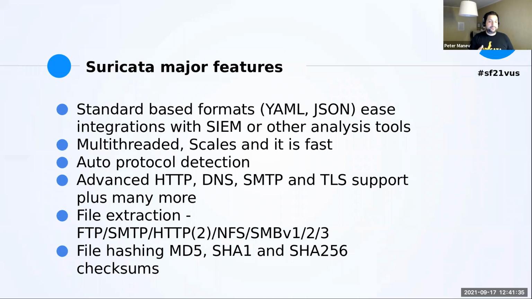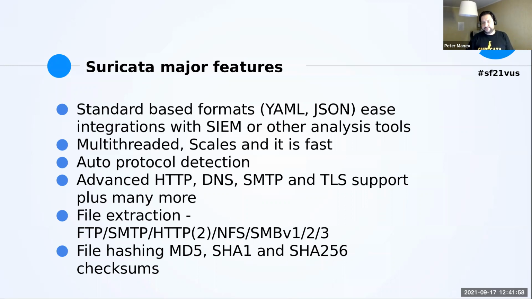Now, major features of Suricata. As I mentioned, we've got standard-based formats, YAML for configuration, JSON for output. Makes it easier to integrate into SIEMs. Those are standard formats. It's multi-threaded by birth, by default, by definition.